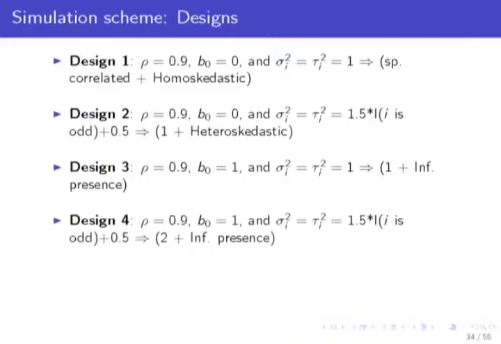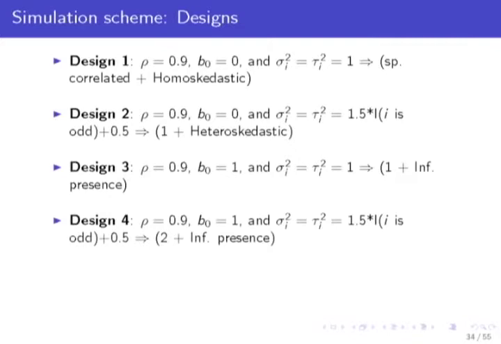Here are our simulation scheme designs. We choose rho to be 0.9. We keep rho high because, as I mentioned, rho 0.8 and rho 0.9 denote some kind of spatial association; rho 0.2 usually doesn't mean anything. So this is how we generate my data. Rho is 0.9, B0 is 0, and I keep sigma I square and tau I square to be 1.